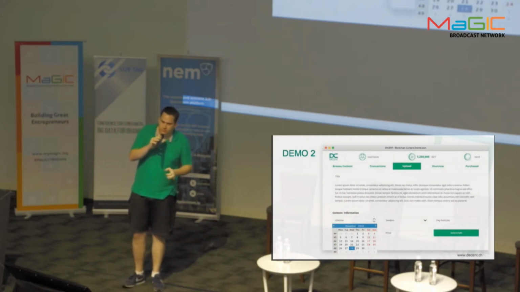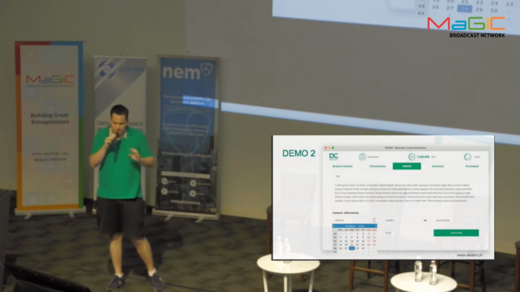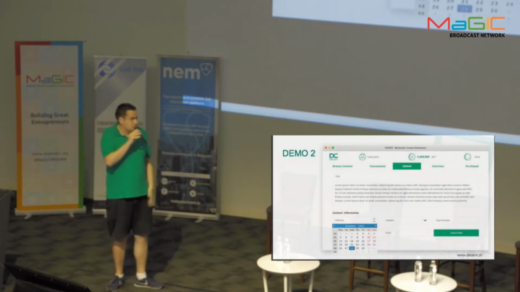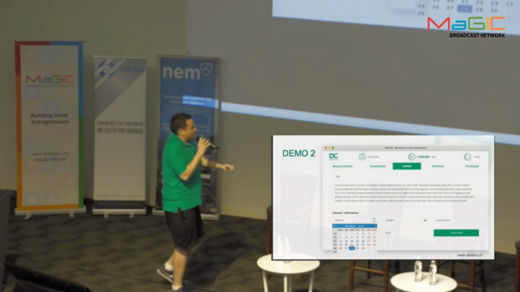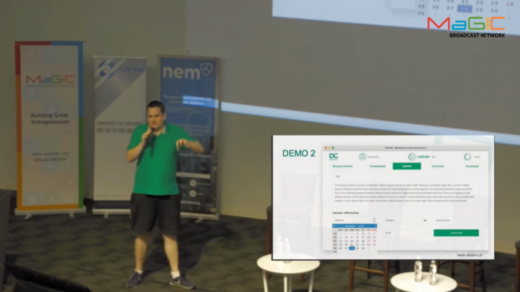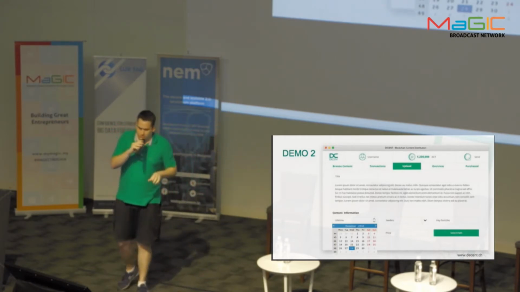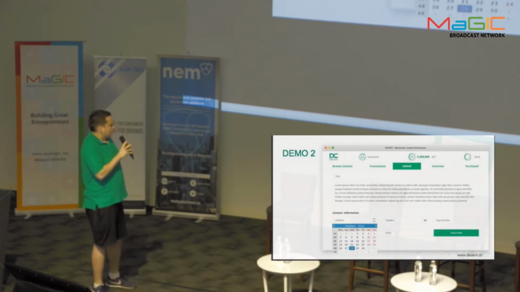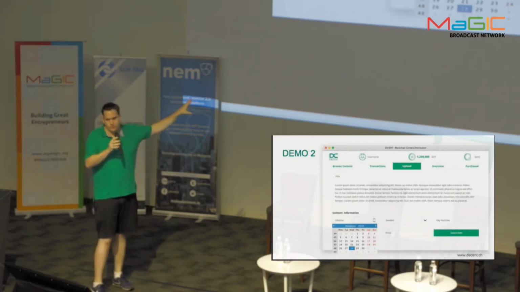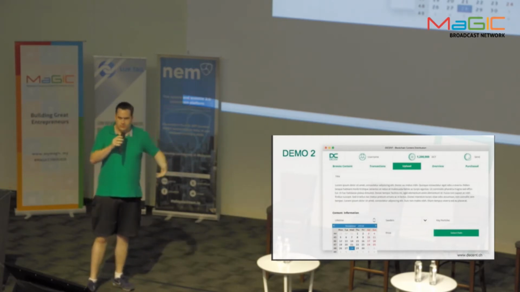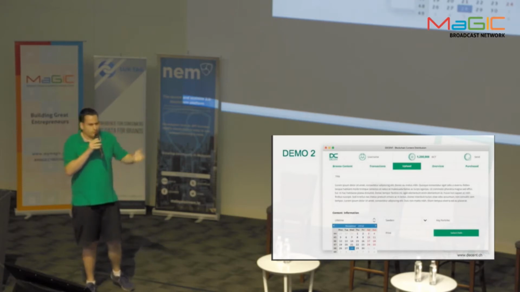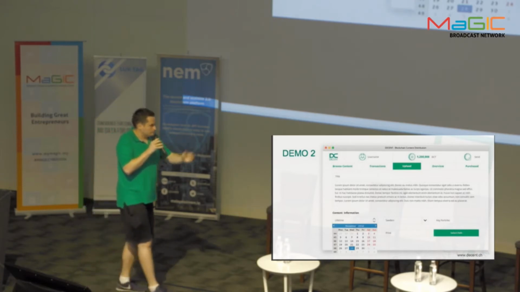It's a difference to publish a 1 megabyte ebook and a 10 gigabyte movie, so it's obvious. And the number of seeders, how resilient or redundant I want my content to be. The reason for this is spam protection. We don't want others or some malicious users to spam our network. If you offer transactions for free, this just wouldn't work.